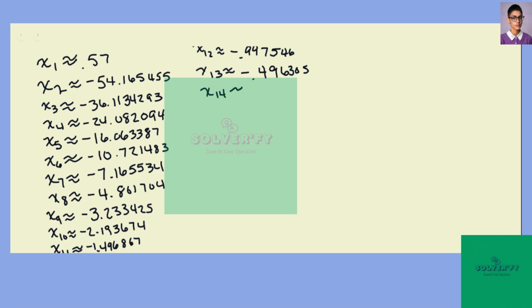X sub 14, negative 2.89, and it was getting smaller and smaller and smaller.